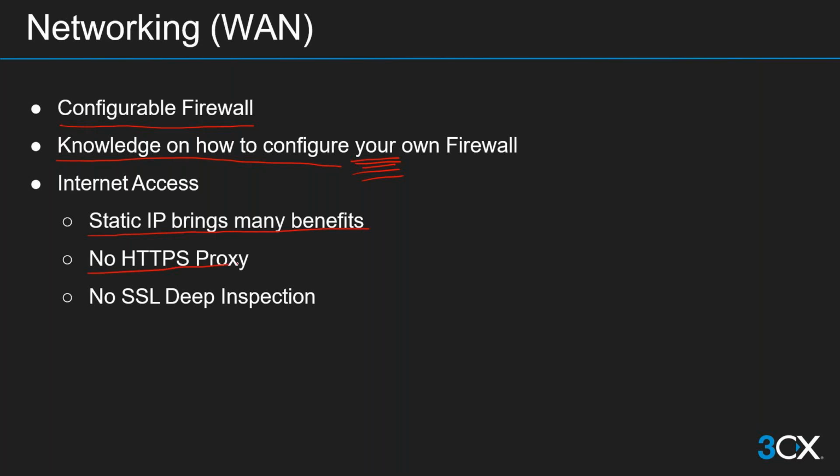Disable any HTTPS proxies on the firewall also, and also disable all SSL deep inspections. This is just causing issues for the audio traffic, and can also prevent extensions from registering.